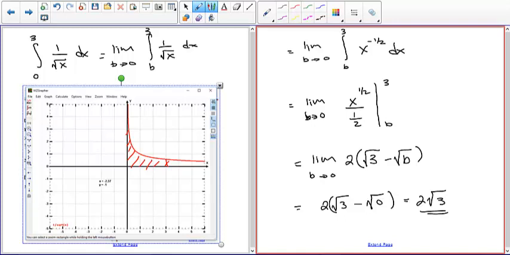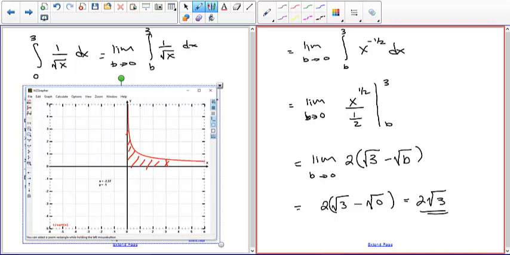Nobody ever does that. So anyway, as you move out here, what that does is it just affects this number, and the area gets bigger as you move this vertical line out. But it does have a finite limit.